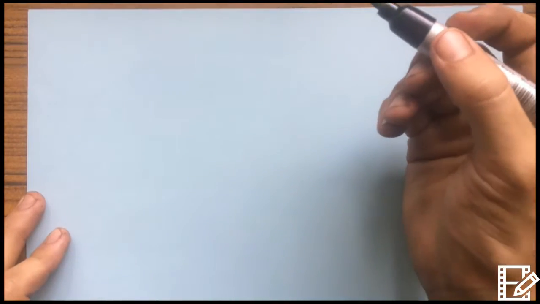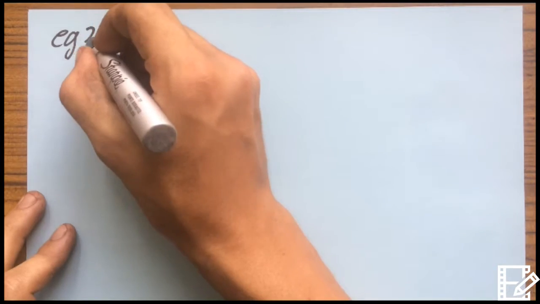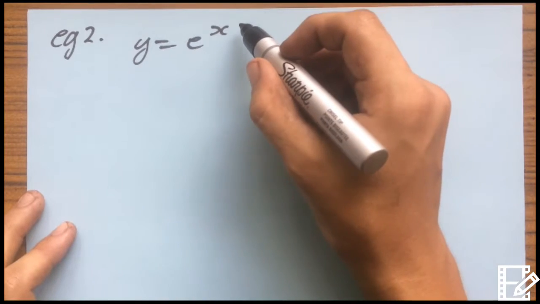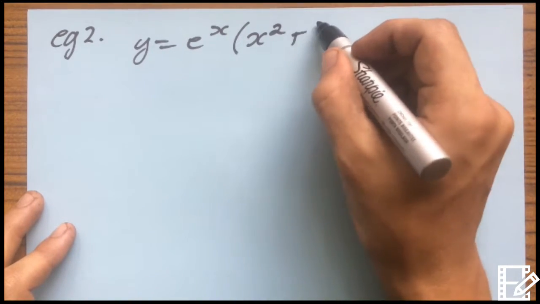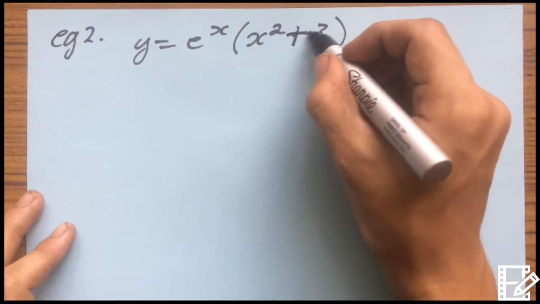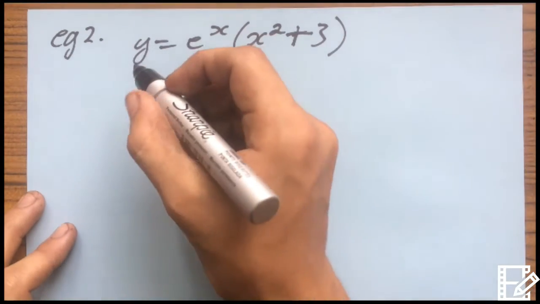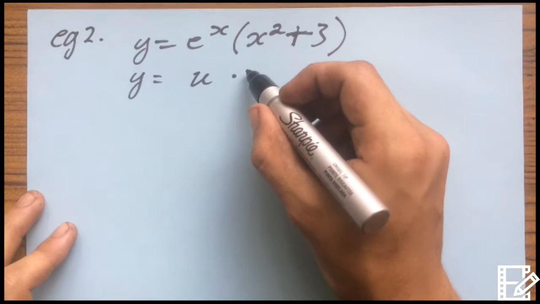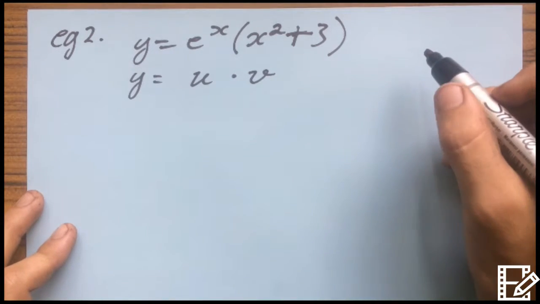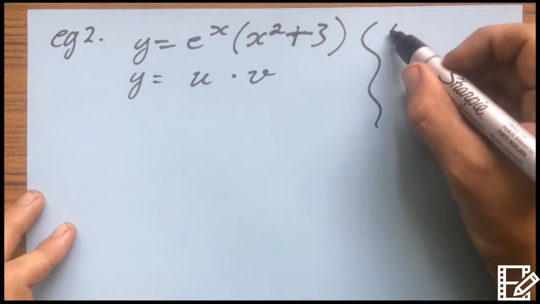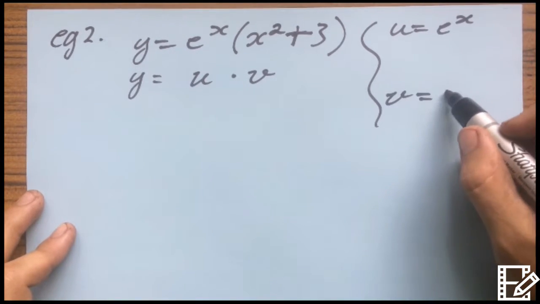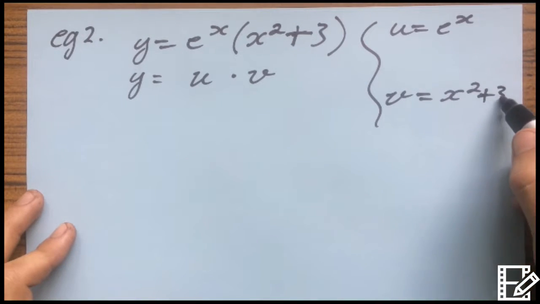We will do another one now, so you can hopefully understand it if you don't. So let's start with y equals e^x multiplied by x squared plus 3. Just like before, we have a function which is e^x multiplied by another function which is x squared plus 3. Separate the page. u we can make equal to e^x, and v we'll make equal to x squared plus 3.